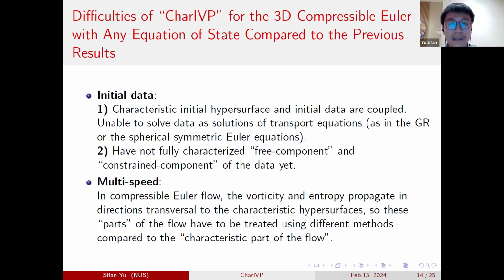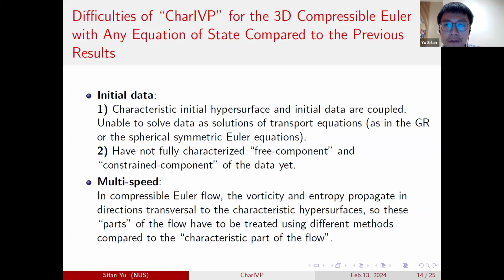In the spherical symmetry case, because of the existence of Riemann invariants, you can actually solve for the Riemann invariants together with the geometric coordinates by solving transport equations. Well, that is not the case in 3D without symmetry.